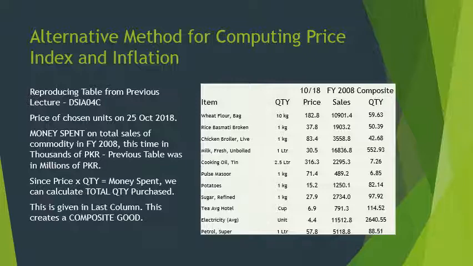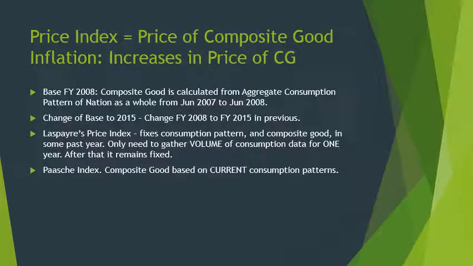So this quantity is the key to creating a composite good, which we will discuss in the next slide using a simpler example. Instead of taking each commodity separately and doing a weighted average, we think of food as one good in which there is some portion of wheat and some portion of rice and some portion of chicken, and the quantities are given by the composition that we calculated last time.